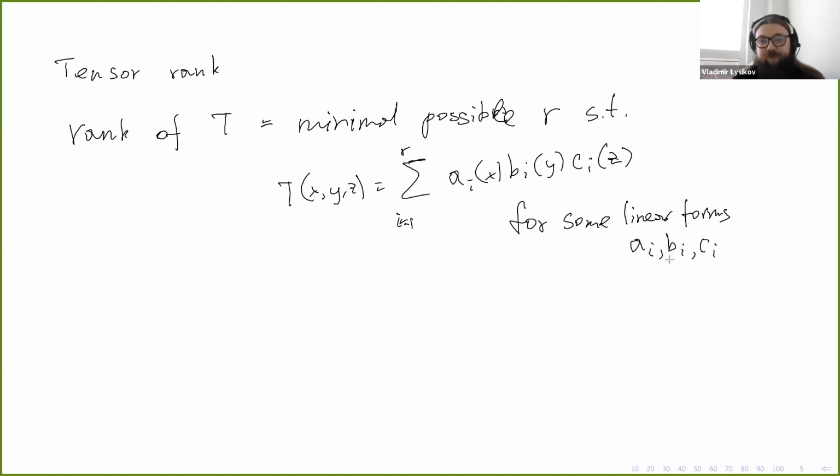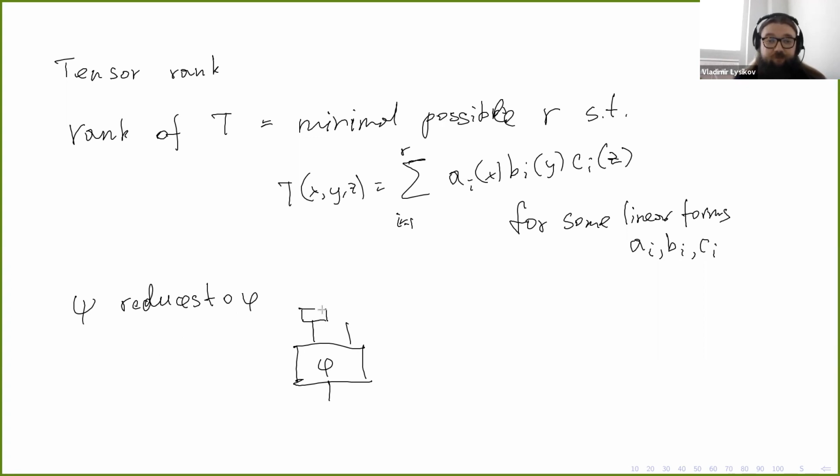And we can also define a notion of reduction for our complexity theory. So if we have some circuit which can compute a bilinear map phi, we say that some other bilinear map psi reduces to phi if we can compute psi by applying again some linear pre-processing and post-processing to phi.